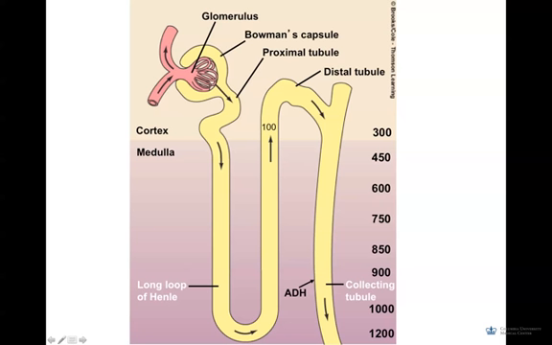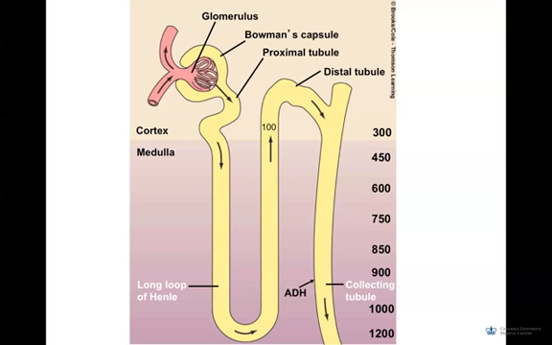And then it moves through the medulla and more water gets reabsorbed, and the urine as it's moving through is getting more and more concentrated, matching the osmolarity of the interstitial space, until finally it equilibrates with the maximal osmolarity of 1200 just before it enters the renal pelvis and leaves the kidneys.